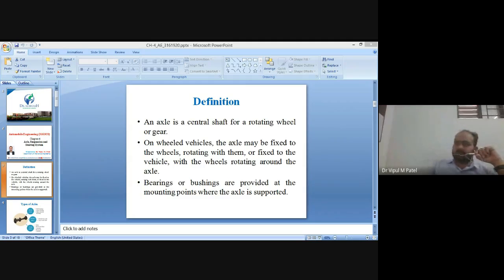So how many forces are acting on the rear axle while running the vehicle, right? First of all, the weight of the body: the maximum weight of the automobile body is carried by the rear axle compared to the front axle. Next thing is the driving thrust.